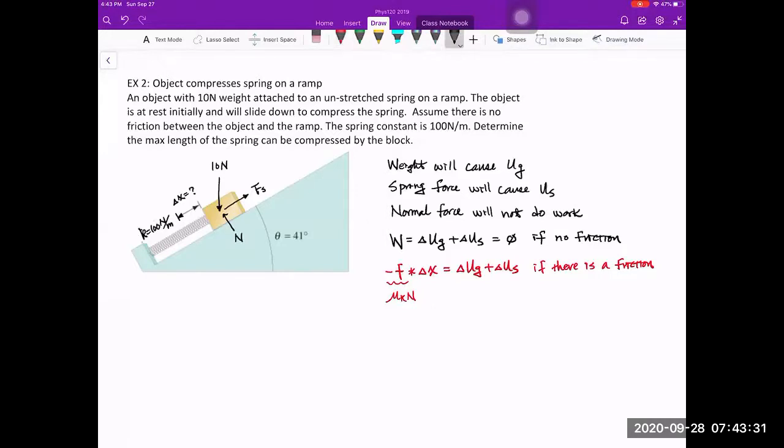Well, we only care about change of x and change of the U sub g, change of the U sub s. And these are all related to the change of height or change of the length of the spring. And because this is an angled direction, the change of the height is the change of this.